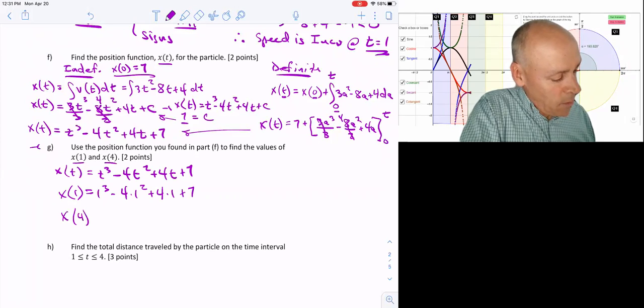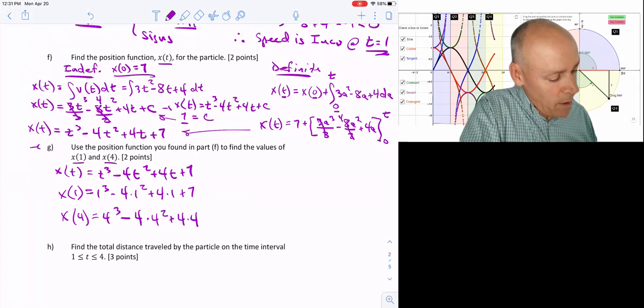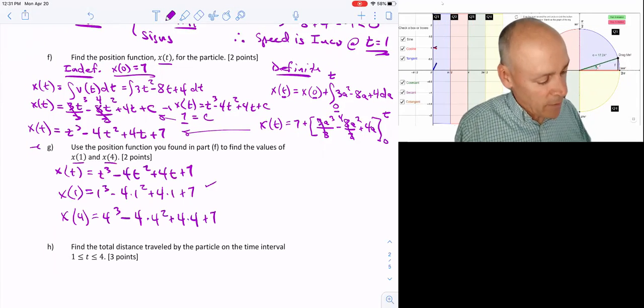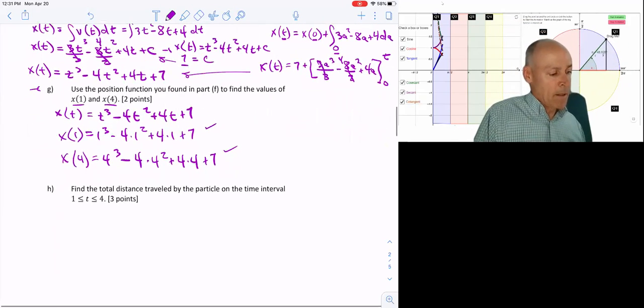And then x at 4: 4 cubed minus 4 times 4 squared plus 4 times 4 plus 7. These are both numeric answers, so I'm just going to leave them the way they are.